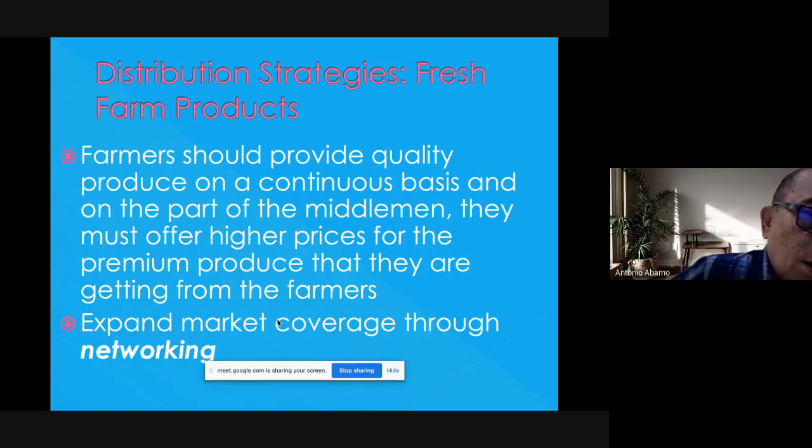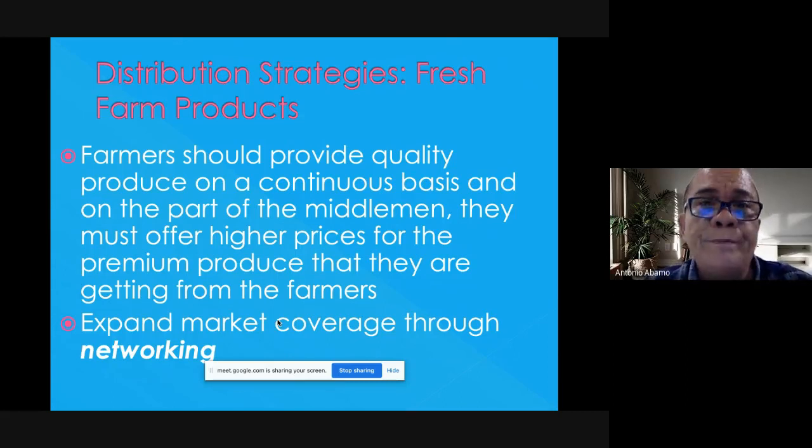For example, you cannot satisfy the needed volume, so you just sell to the buyer who can really accommodate your volume requirement. And not only that, there will be price competition. So you have to have a fallback position so that whoever offers a good price, you sell to.